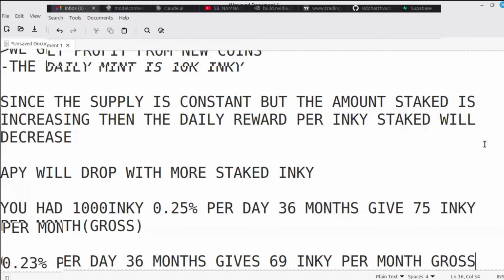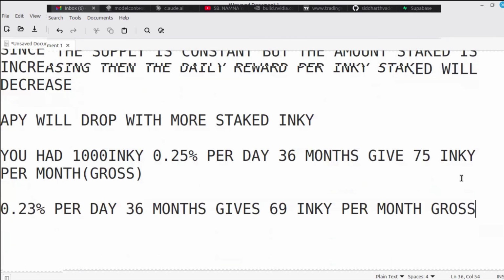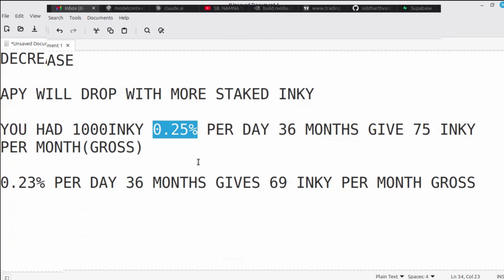So you started staking when it was paying 0.25%, but the amount of ink staked has increased, so eventually you get to 0.23. Instead of the 75 ink you were getting before, you end up getting 69 ink.